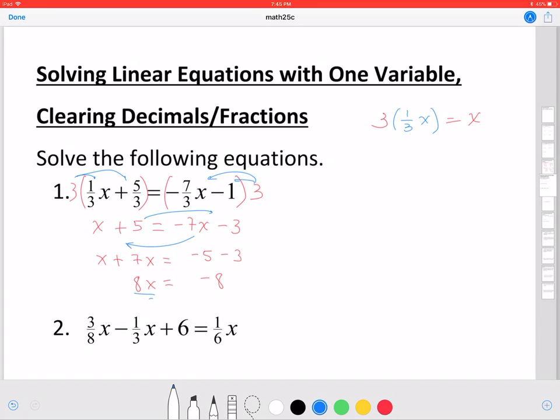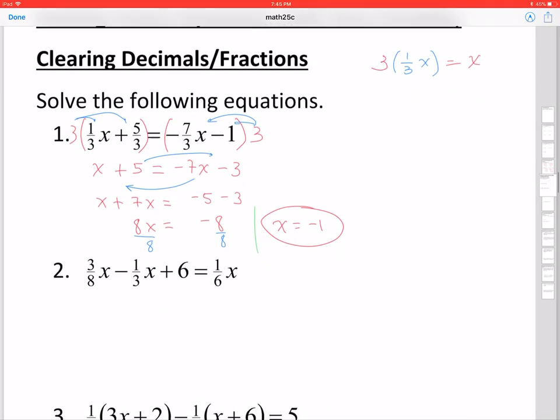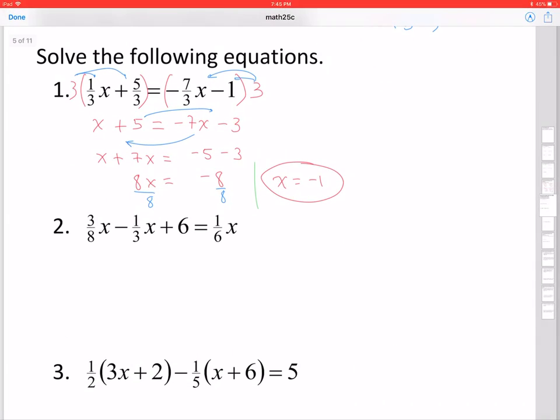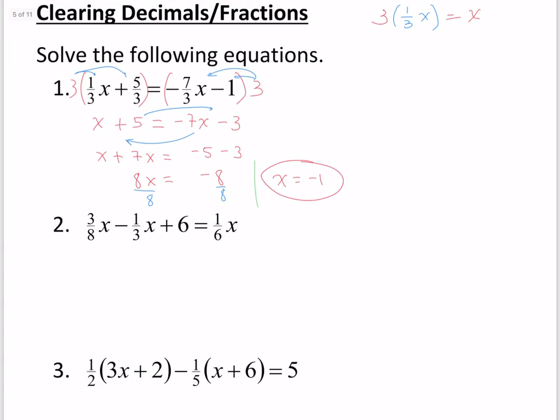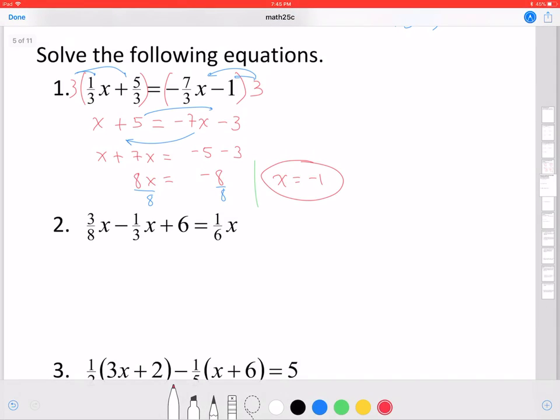Divide by 8, and we end up with our answer of x is equal to negative 1. All right. Again, we were able to get this answer without having to do too much fraction work. That was not so bad, and that was relatively easy, mainly because we just had one denominator, 3.